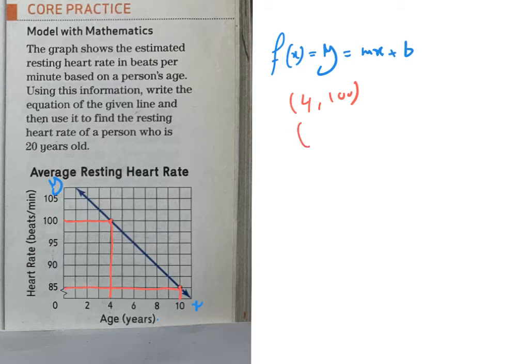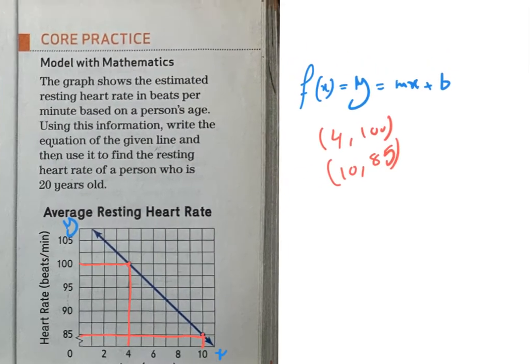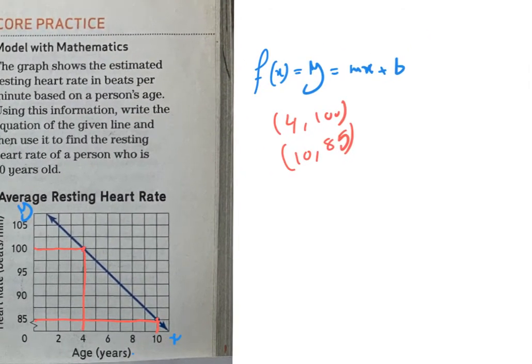To find the equation of a line, we can use the formula. The slope is y2 minus y1 over x2 minus x1.